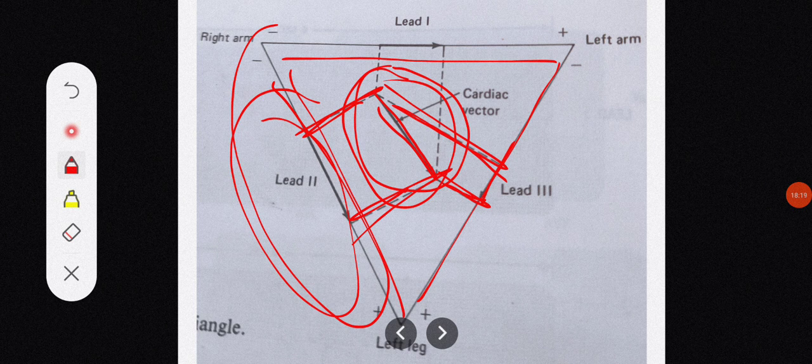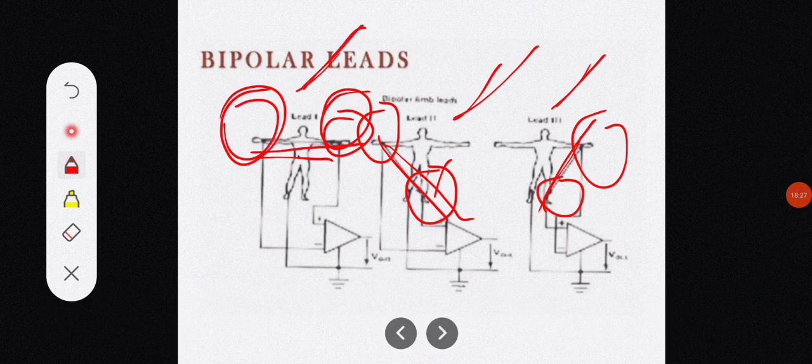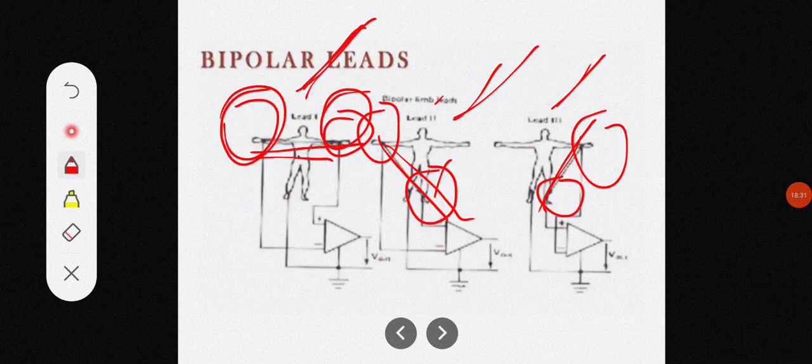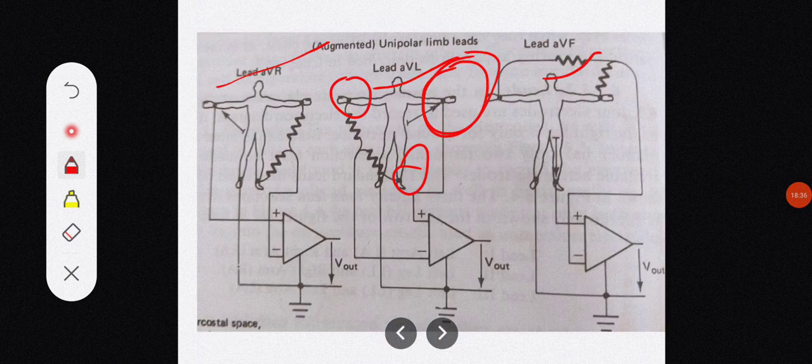In this way we need all the traces. Now you can calculate how many traces we will get. Let us calculate. This is lead 1, lead 2, lead 3. Then we have lead AVR, lead AVL, AVF, that is 4, 5, 6.